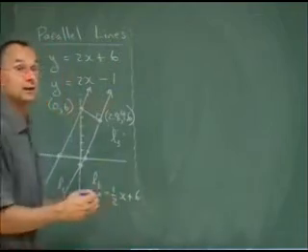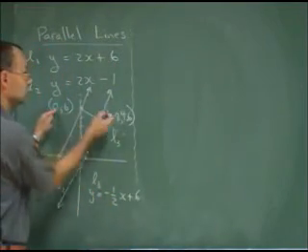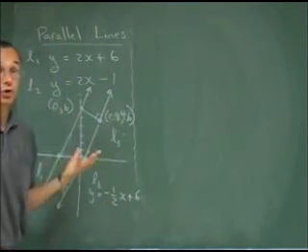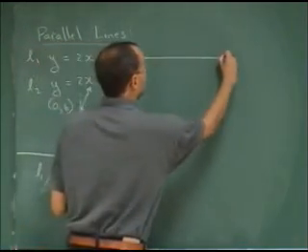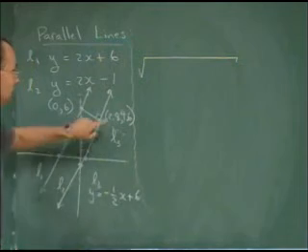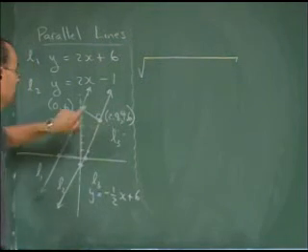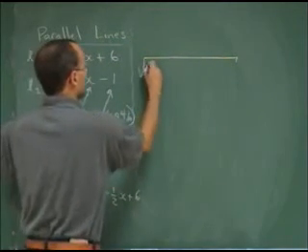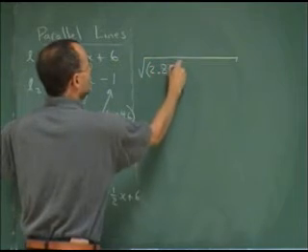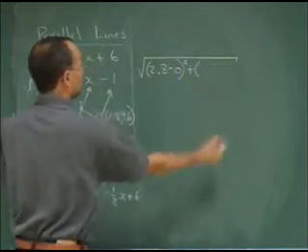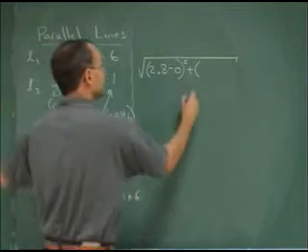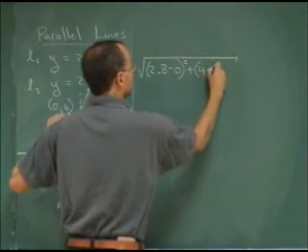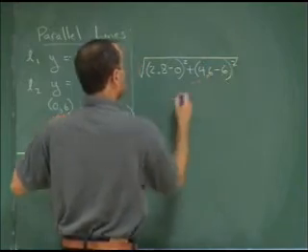And step 3 is to find the distance between these 2 points. And that is the shortest distance between the 2 parallel lines. Now remember, it's x from one of the points minus the other x. So we got 2.8 minus 0, squared. And then we do the same thing with the y values, 4.6 minus 6, squared.